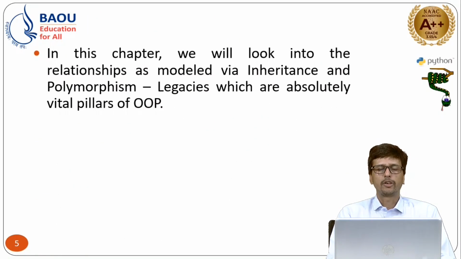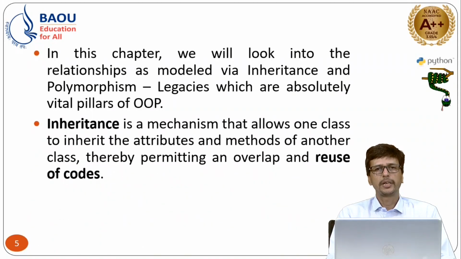So in object-oriented programming, inheritance is the mechanism that allows one class to inherit the attributes and the methods of another class. With the concept of inheritance, one class is the parent class, you can also say it is the super class, and the other class is called the derived class or the child class.